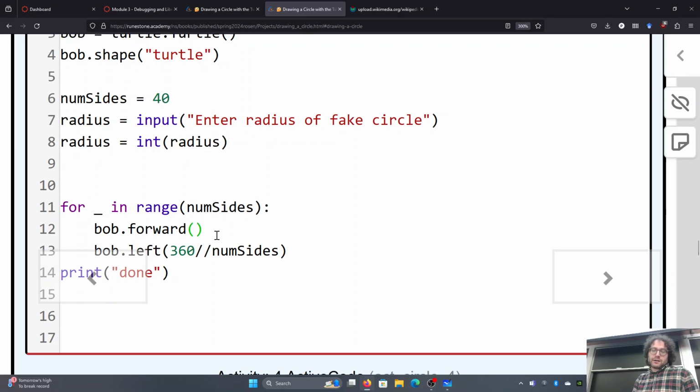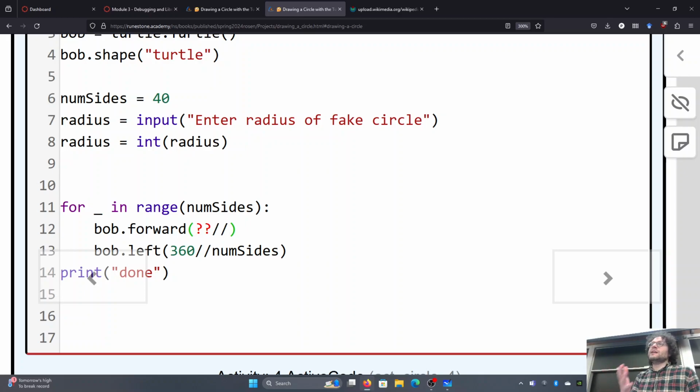Similarly over here, each side is going to move forward a certain amount. We need to figure out what that is. Well, it's going to move forward a certain total amount, and there's, say, 40 sides.